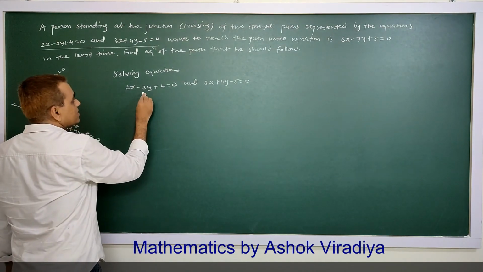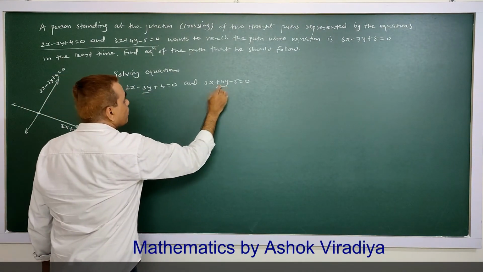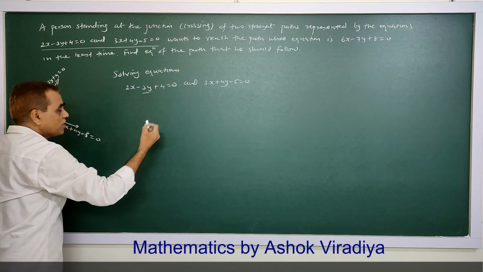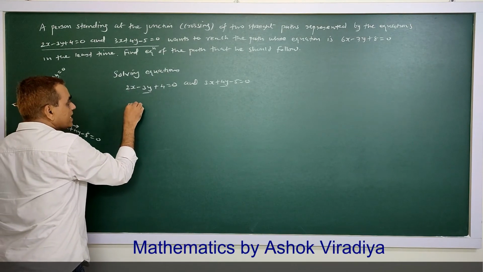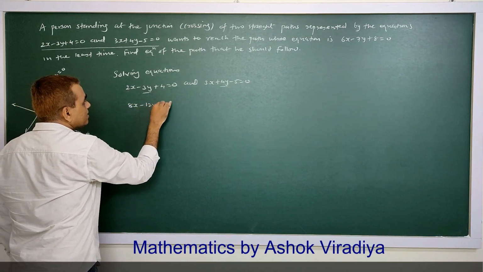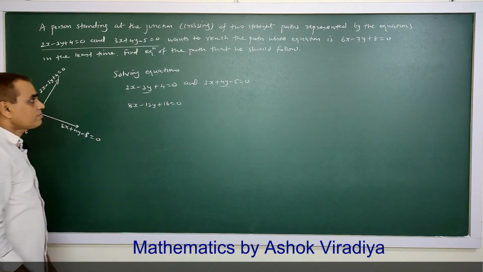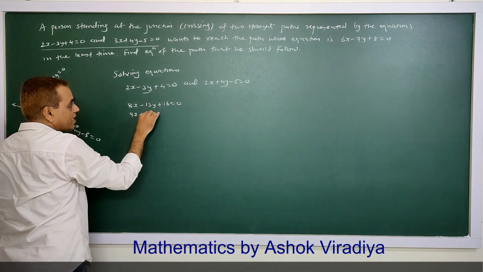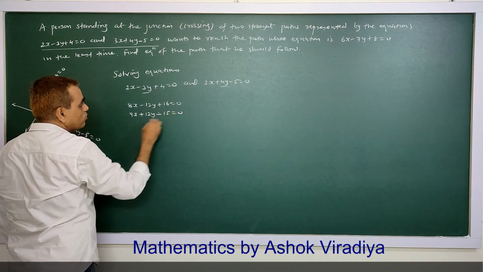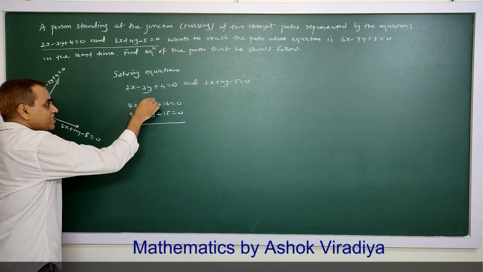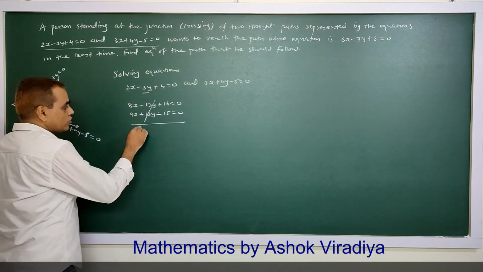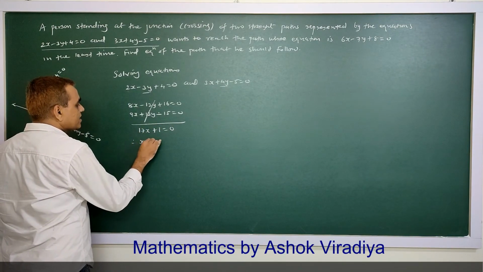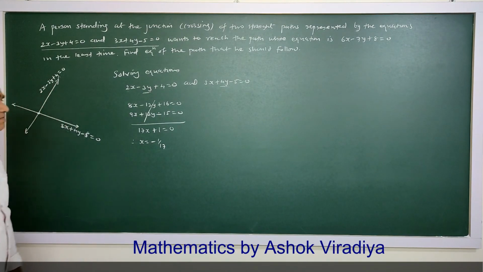Here this is minus 3y, this is plus 4y. So this equation I am multiplying by 4 and this I am multiplying by 3. So multiplying this by 4, so 8x minus 12y plus 16 is 0. And multiplying second equation by 3, so 9x plus 12y minus 15 is 0. So adding these equations, this will be cancelled. So 17x plus 1 is 0, so x is minus 1 by 17.